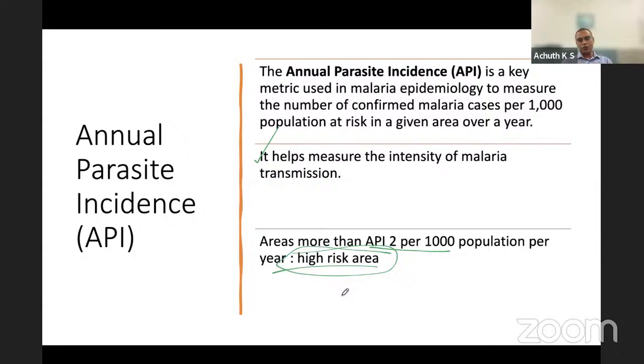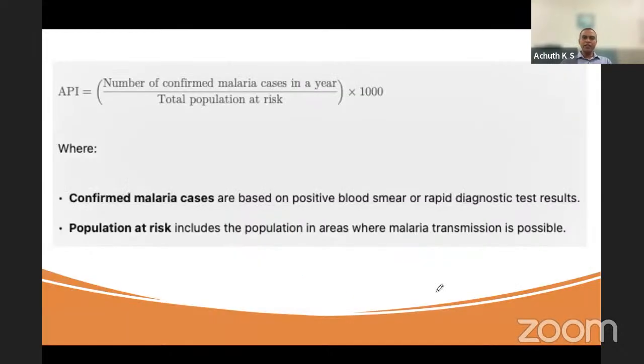If it is less than 2, it is a low risk area. The moment it is 2 or higher, public health intervention is required, and the public health body should move to that area to check the breeding sites also. It is calculated by the formula: number of confirmed malaria cases in the year divided by total population at risk, multiplied by 1000.